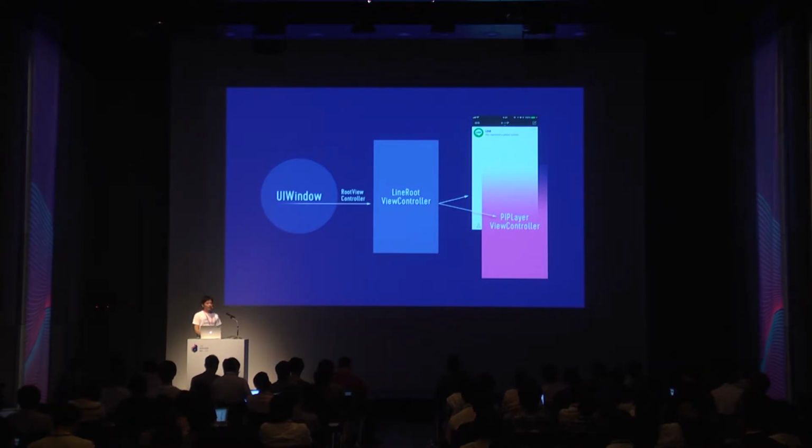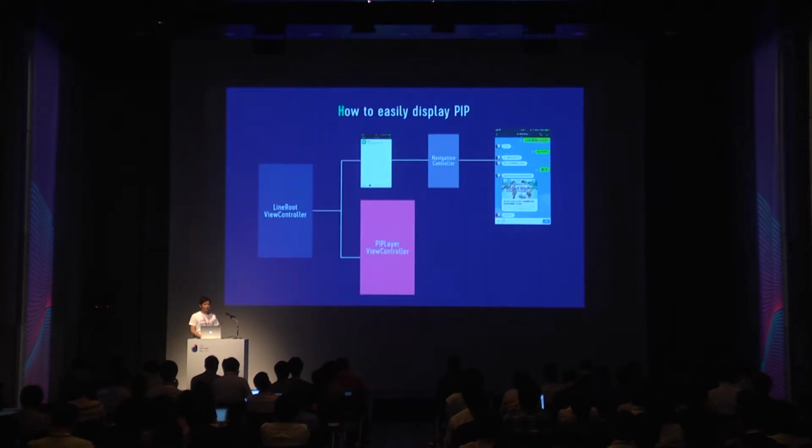It was a risky change because it was already 6 years since we started this, and we never knew whether some code might have assumed the root view controller being the tab bar controller. However, that worked well. So now we were able to show the picture or the video in the picture in the chat room and other screens continuously as well.